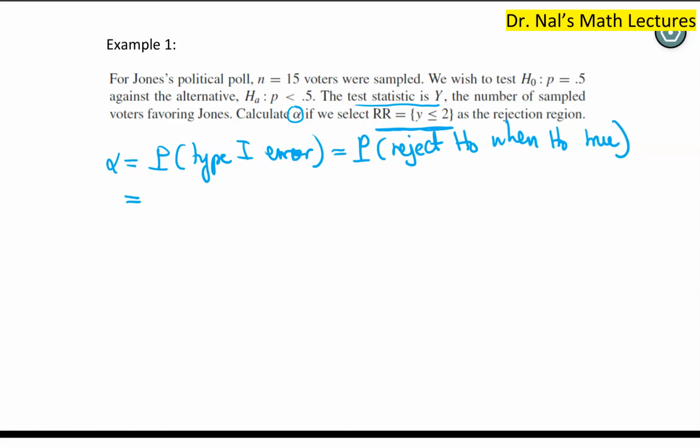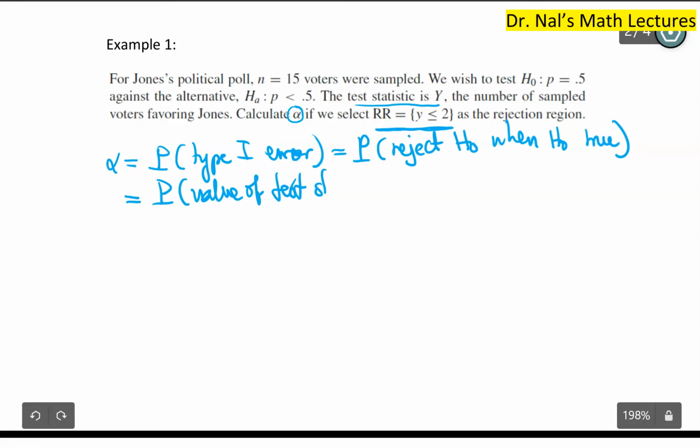Or an alternative way would be this: the probability that the value of the test statistic is in the rejection region, when actually H0 is true.